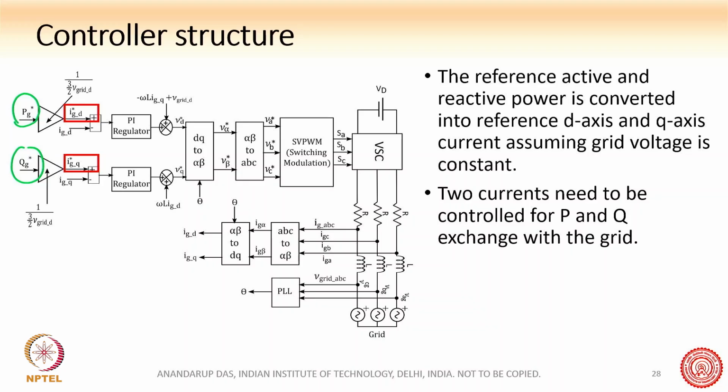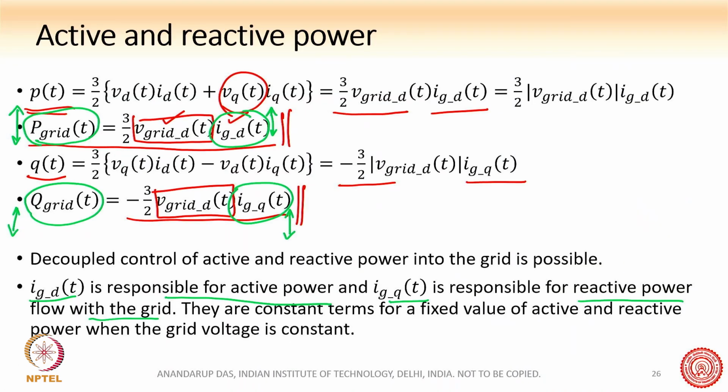But from the previous equation which we just derived, PG star can be directly converted into IGD star, and IGQ star likewise, by using this multiplying factor. Where did this multiplying factor come from? You see it here in this equation, and here is this multiplying factor.